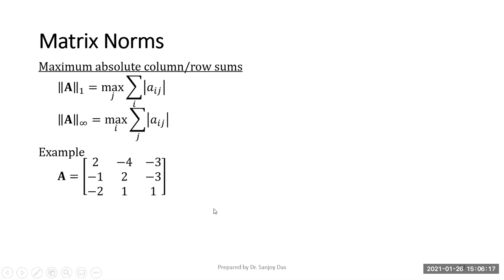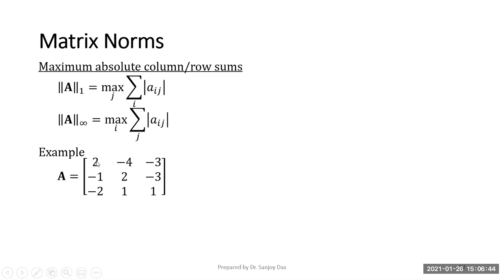Okay, and this is an illustrative example. I know so far you haven't seen any examples because this is assumed to be a review, but I just added a small example here. Let's say we are given this matrix A. What's the L1 norm? It's the maximum absolute column sum. So we take the absolute value of each column.